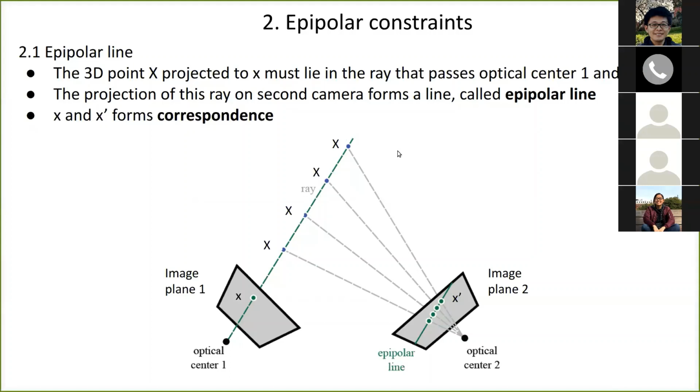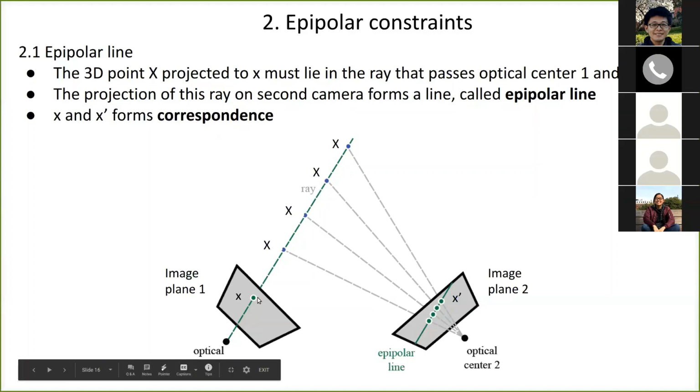Okay. So first we'll talk about the epipolar line. The epipolar line is a very important definition in the epipolar constraint. If we project this X point into this first view, we'll have this 2D image coordinate, right?